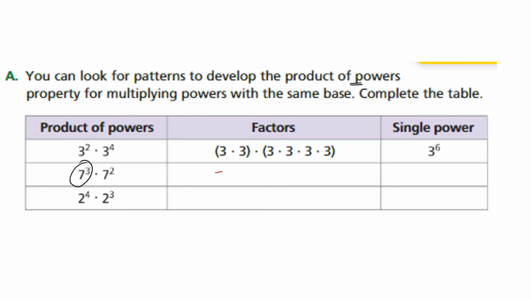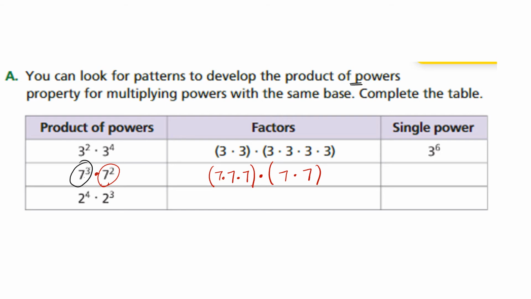We will write 7 three times. Then we have a multiply, so we put the multiply as it is. Now again you have 7 with power 2, so you will write the 7 two times.